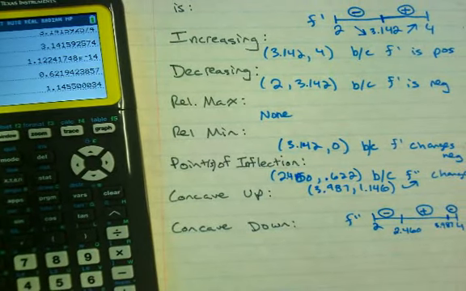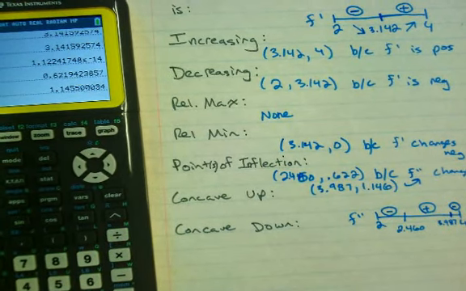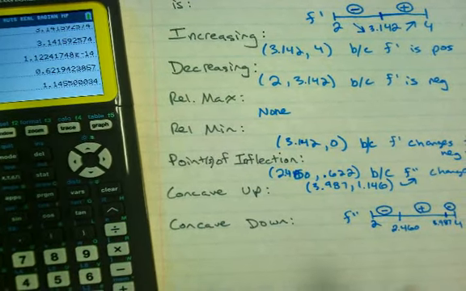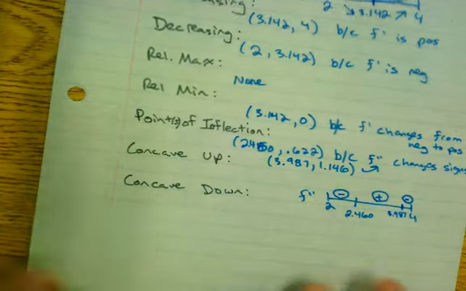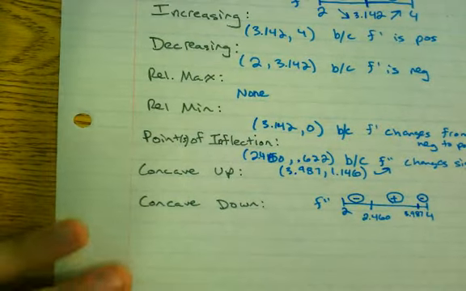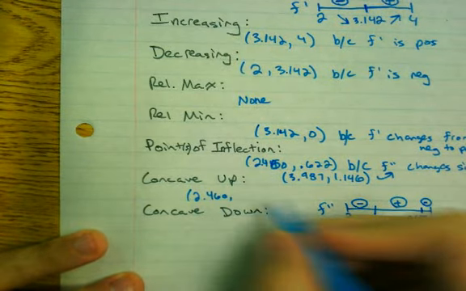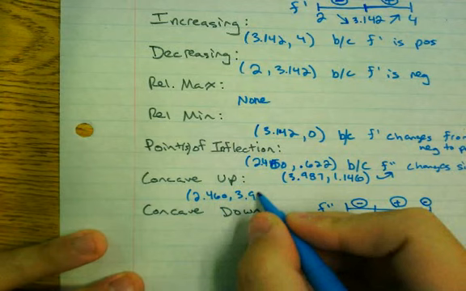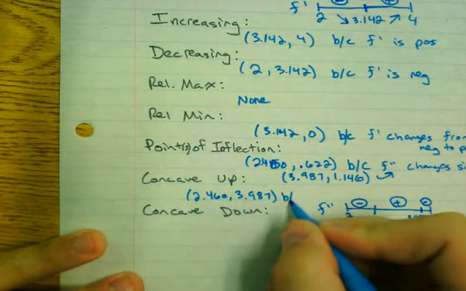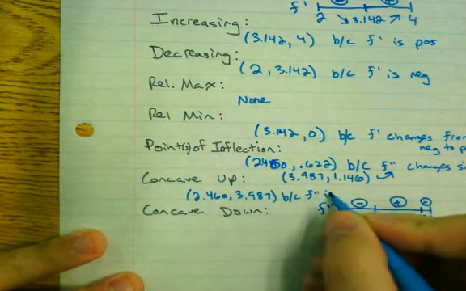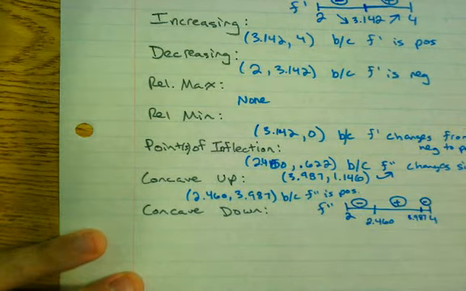Alright. When's it concave up? From here I have everything. I don't need to calculate anymore. I'm just going to look at my sign chart. When am I concave up? Good job, class. From 2.460 to 3.987 because f double prime is positive.